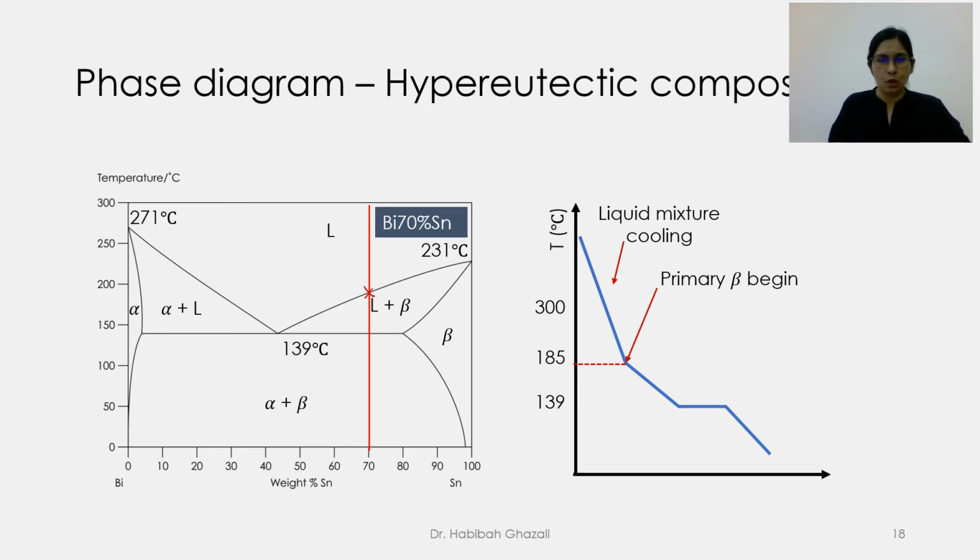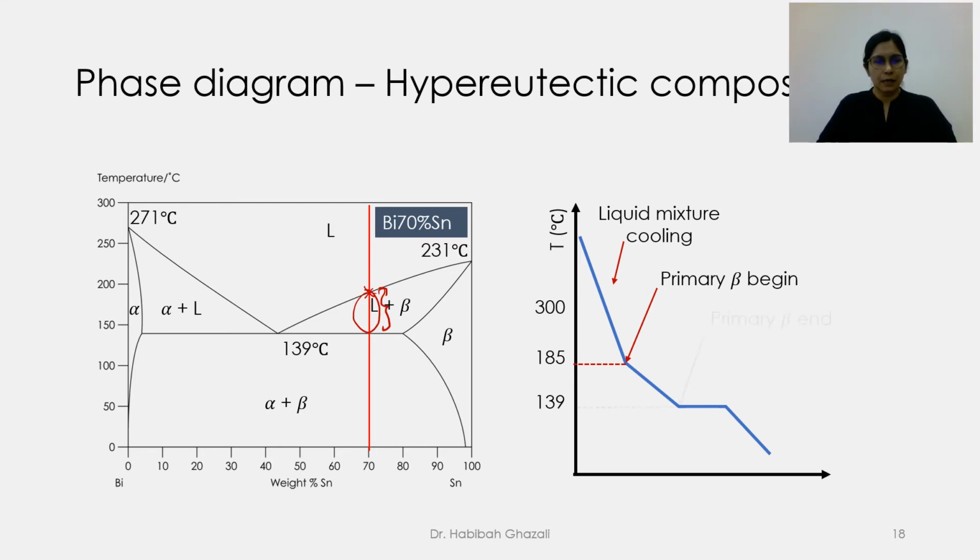And as we know, beta solid solution consists of a lot more tin atoms compared to the bismuth atoms. So it is a tin-rich solid solution. So there will be a depletion of tin inside the liquid at that point. So this primary beta will grow bigger and bigger within this temperature range.